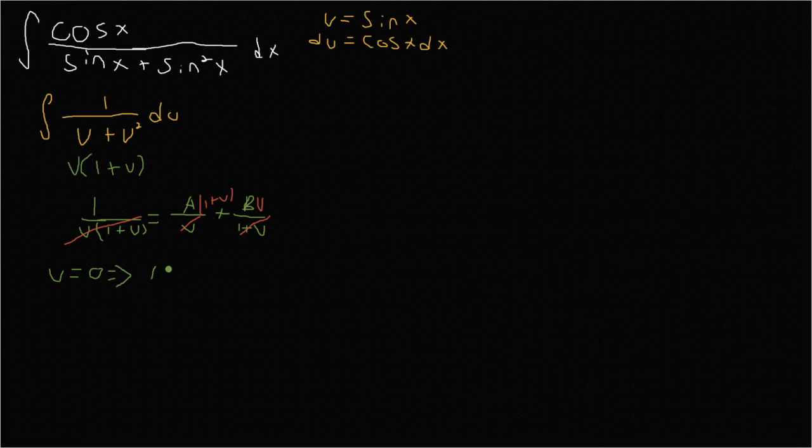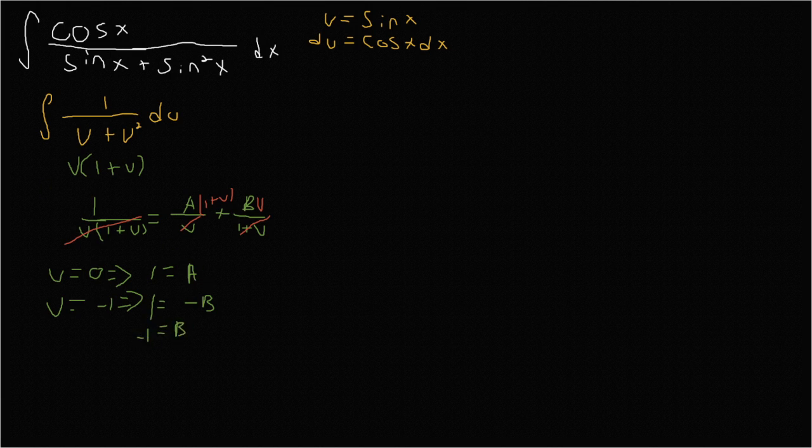So we're going to have now 1 is equal to a times 1 plus u. And so if u is 0, that's just going to be a. And so now we want the other term to be 0. So u is going to be equal to negative 1. And so now negative 1 times b. So negative b is equal to 1. And so negative 1 is equal to b.